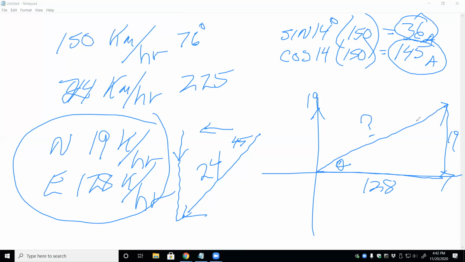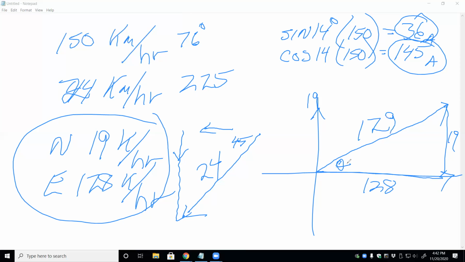Should be just a little bit bigger than 128. 129.4.